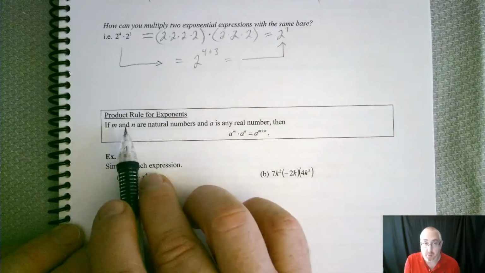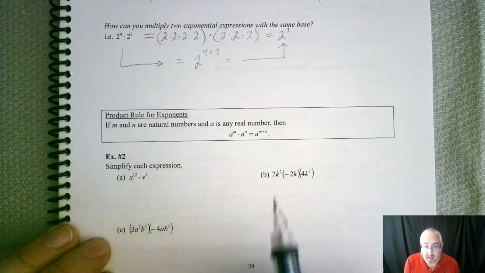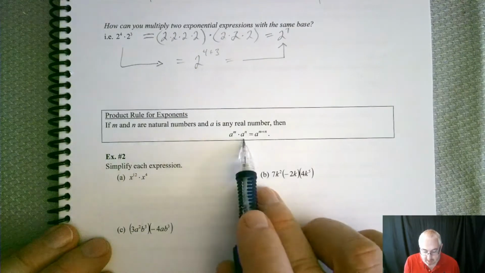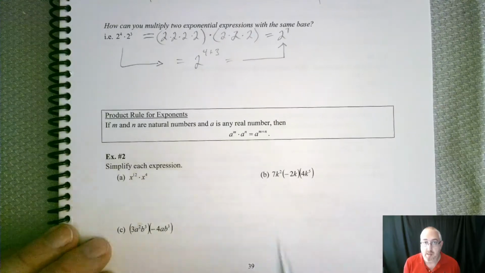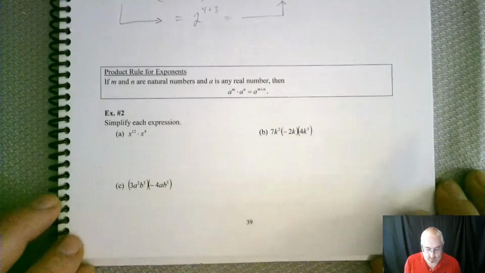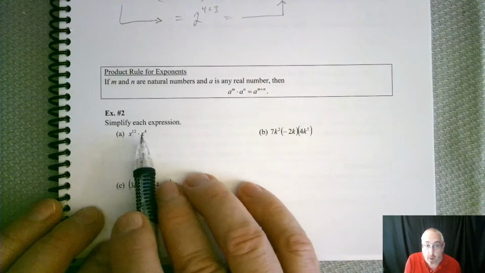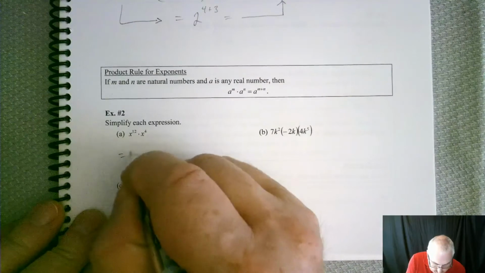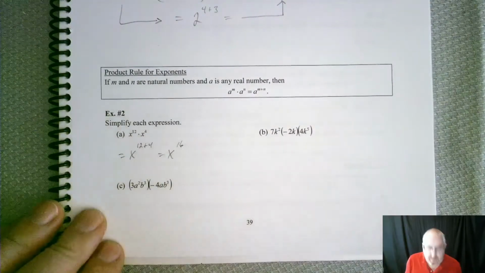So it's the product rule. If we're multiplying things with the same base, that's key. They have to have the same base. Both of these have a base of a. Then you can add the exponents together. So in this case, we're dealing with x as our base. So all we got to do is add those exponents. So x to the 12 plus 4, which is x to the 16. Done.